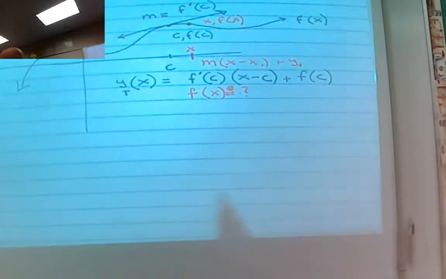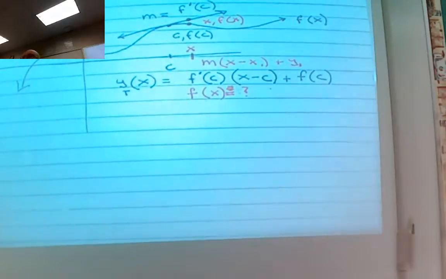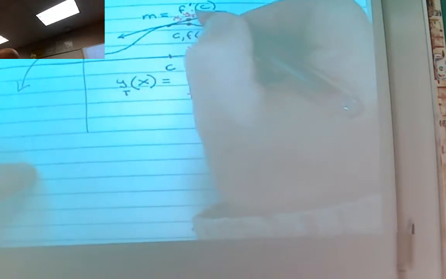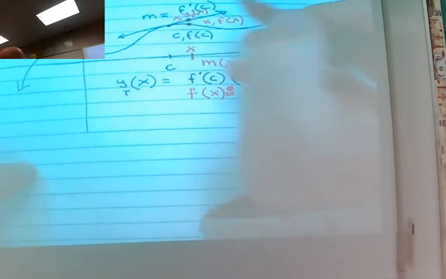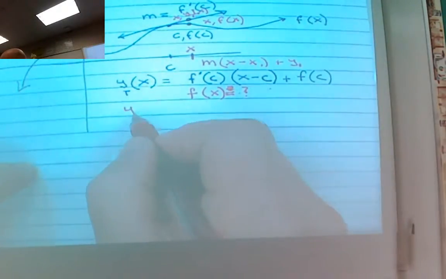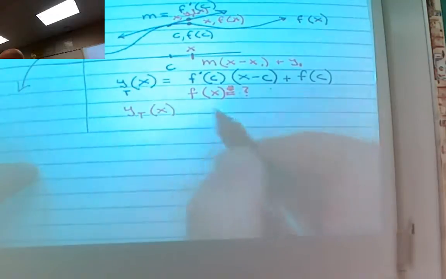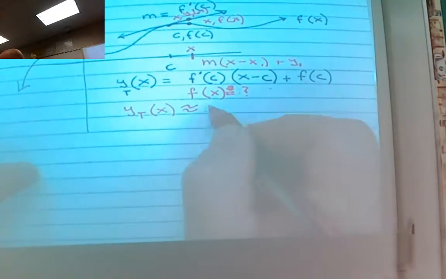Well, what I'm going to do is plug that x into the equation of the tangent line. And so this point right here is x comma y, the tangent line with x plugged into it. So in other words, I'm going to let that value x into the tangent line approximate what f of x is.